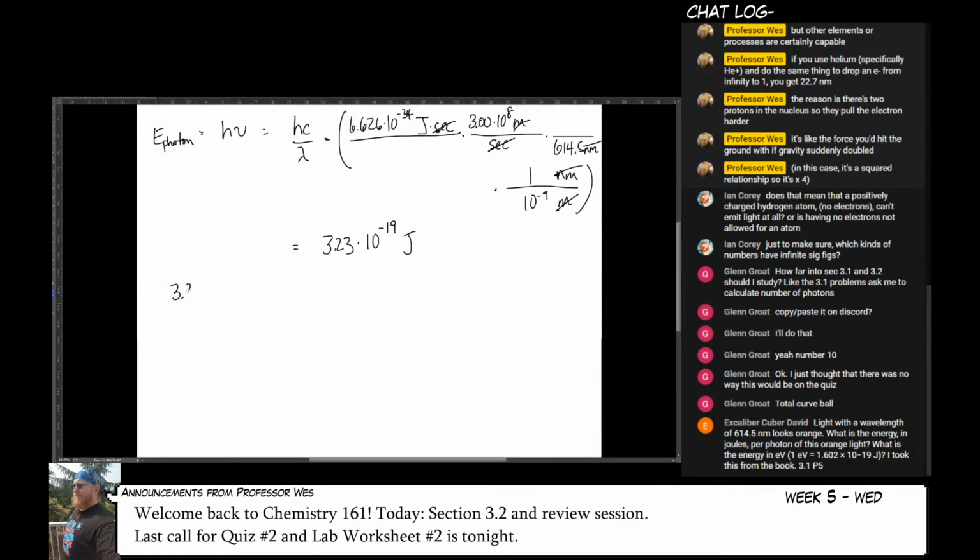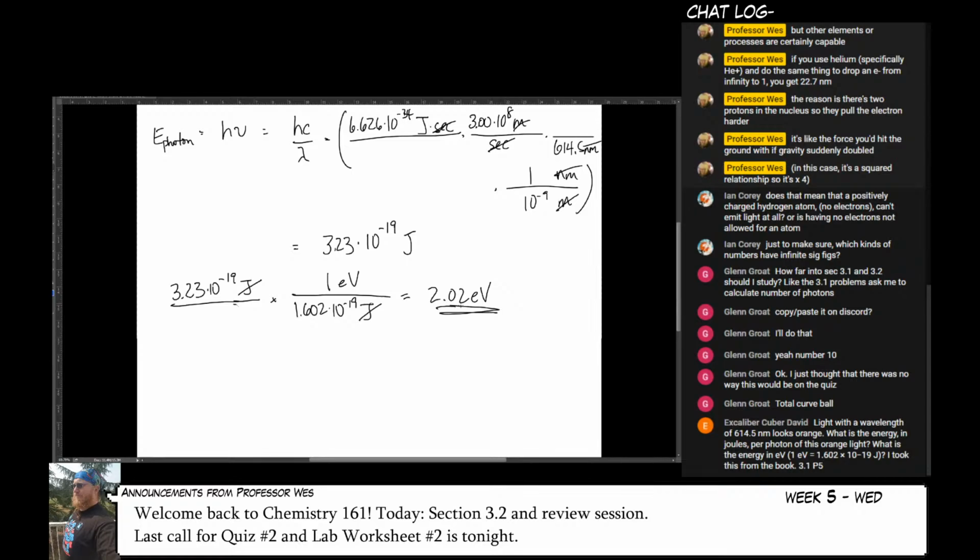Well, if I take my number here and multiply it by the conversion that's listed, so 1 electron volt is 1.602 times 10 to the minus 19 joules, it looks like we're going to get about 2.02. I drew my line through the number. There you go.